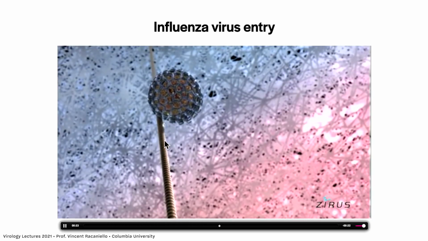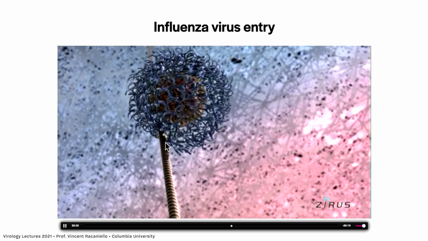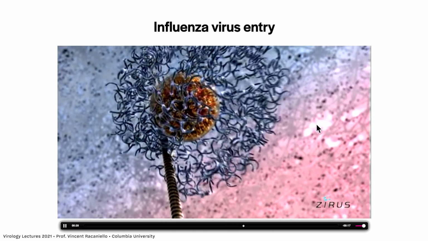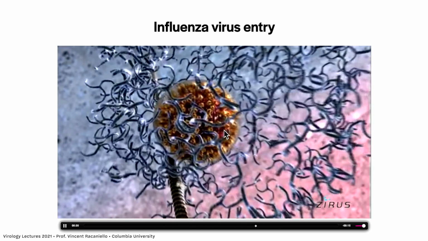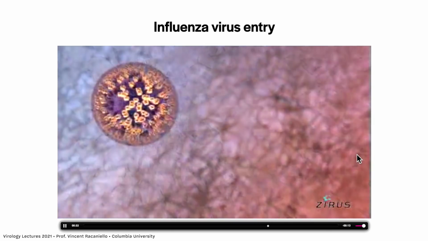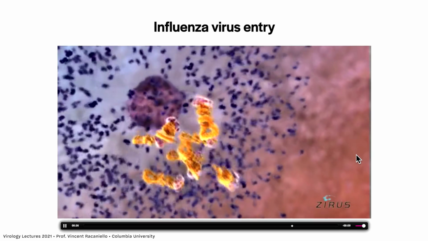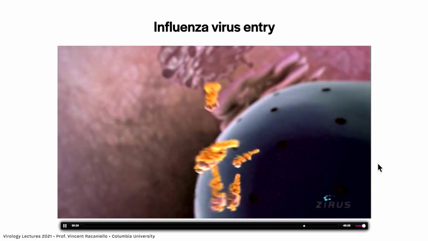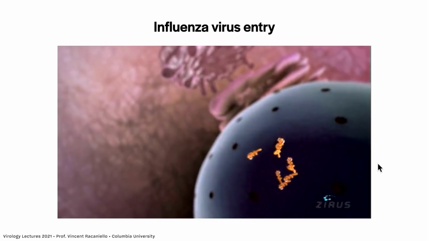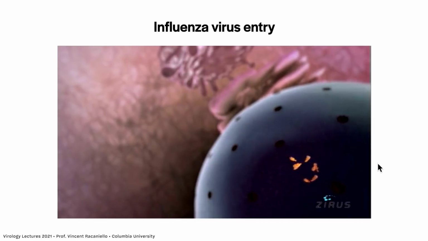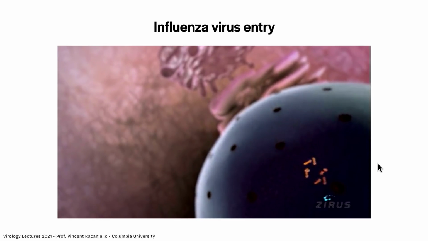They had it being pulled in on a microtubule by a very quickly moving motor. Well, the clathrin comes off. Inside, the pH is going down. It's changing the conformation of the HA, and now the membranes have fused, and these are the viral RNAs coming out and going into the cell nucleus. So we didn't see any details of fusion there, but this gives you an outside view of what is going on.